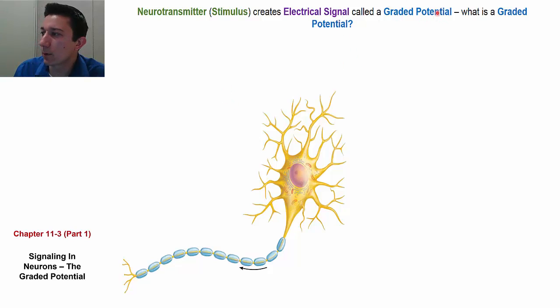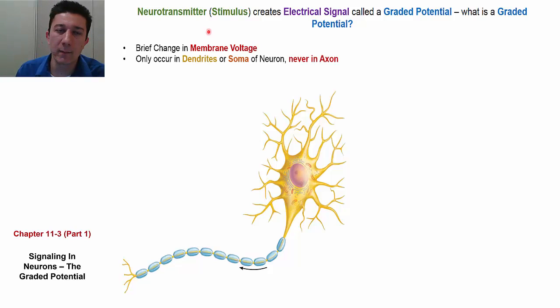And it responds by creating an electrical signal called a graded potential. Recall that the term potential means voltage. So a graded potential, just like an action potential, and we had really two types of electrical signals. We had graded potential and action potential. Both of those potentials are changes in membrane voltage.